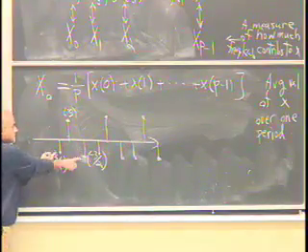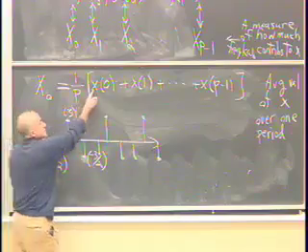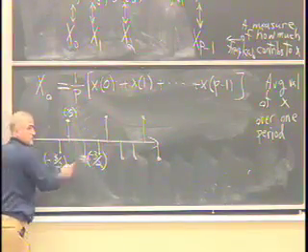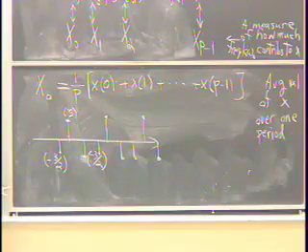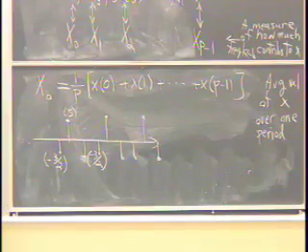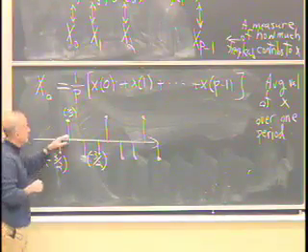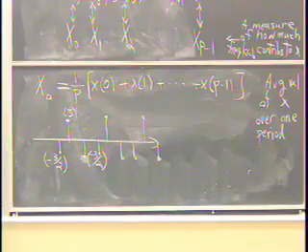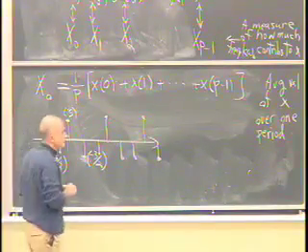And when you look at one period, you add up all the values. 3 minus 1.5 minus 1.5 is 0. So the average value of the signal is 0. It spends as much time above ground as it does below. And so its DC value by inspection is 0.